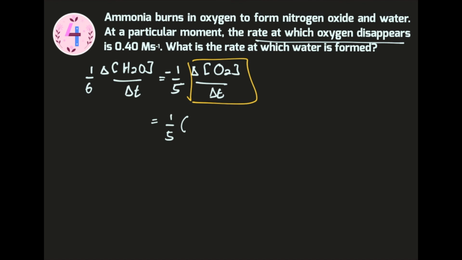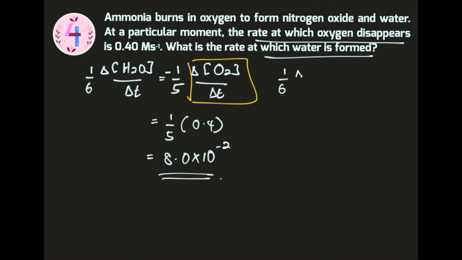So here times 0.4 is equivalent to 8.0 times 10 to the power of negative 2. Right, so you were asked to calculate the rate at which water is formed. So 1 over 6 delta H2O over delta T is equivalent to 8 times 10 to the power of negative 2.